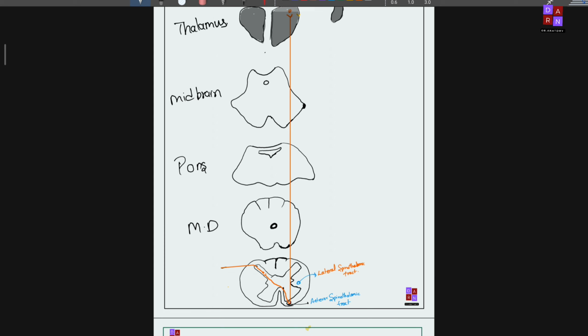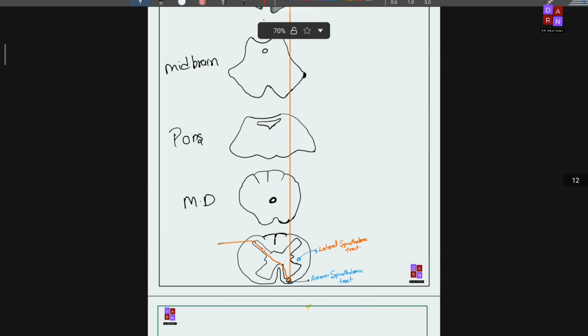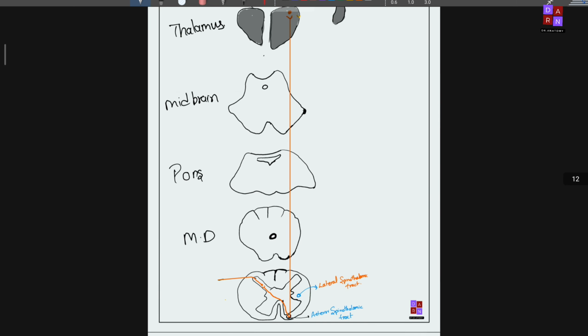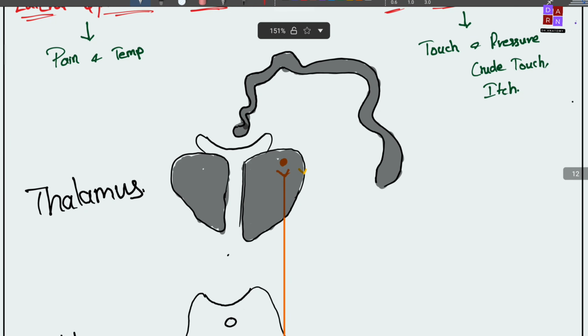So this is your first order neuron, and the second order neuron in the spinal cord crosses and goes into the thalamus. From the thalamus, it ascends upwards to the cortical area of the brain.